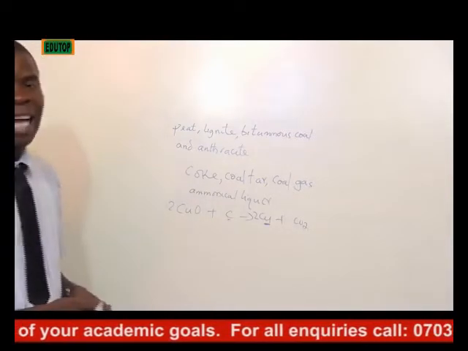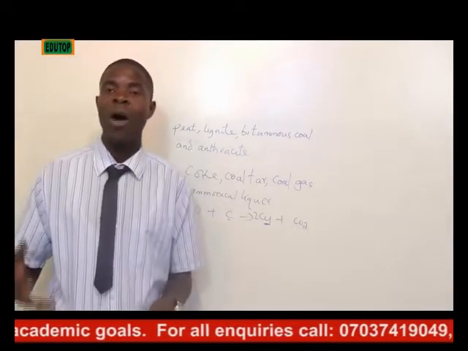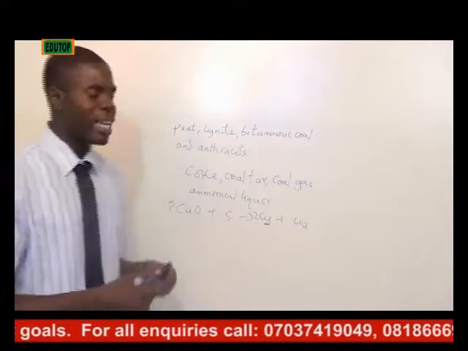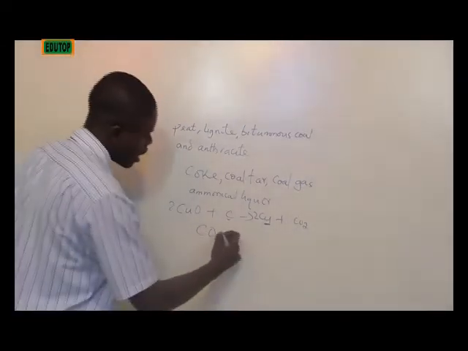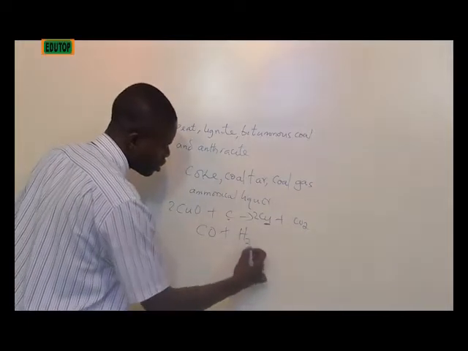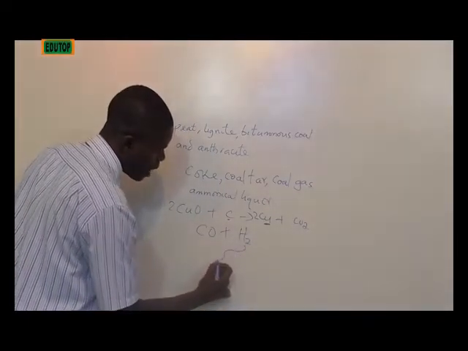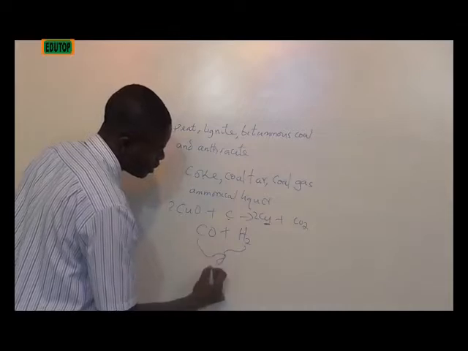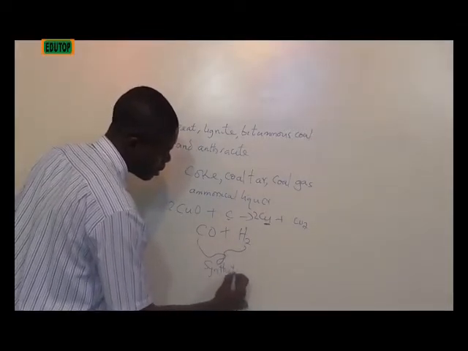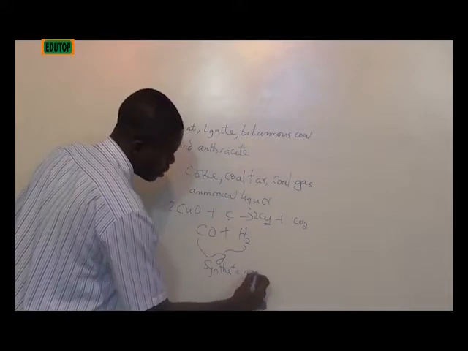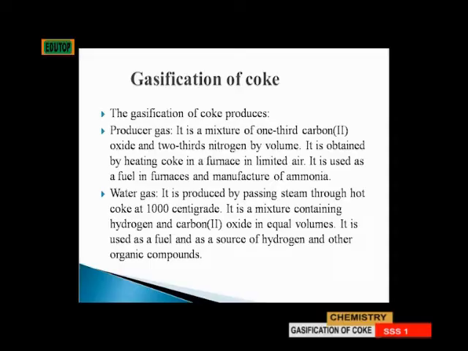What are synthetic gases? Synthetic gases are also known as water gas, and that is the combination of carbon 2 oxide and hydrogen. So this is what is referred to as synthetic gases.